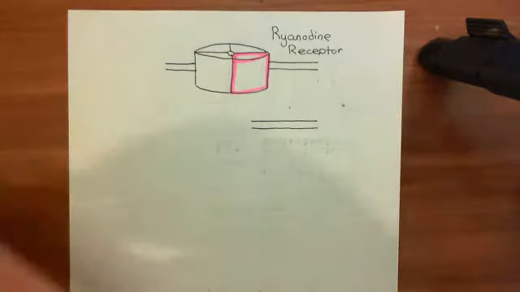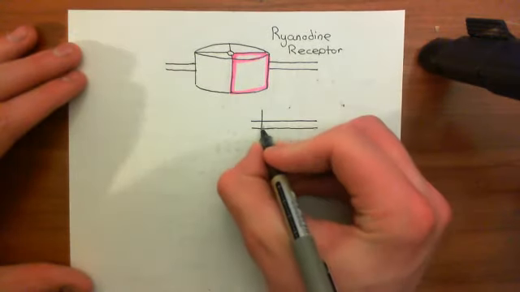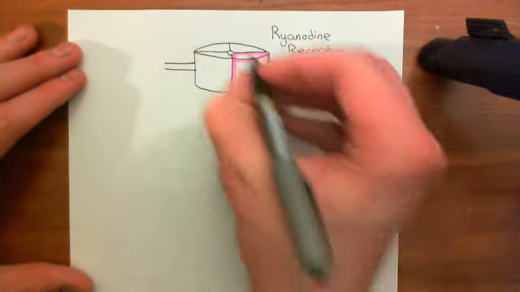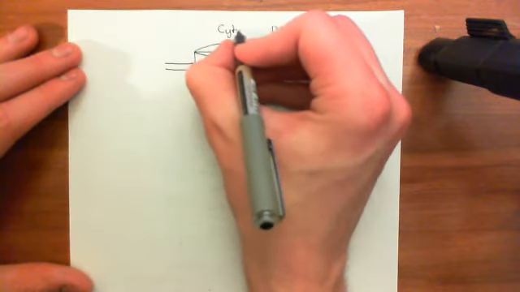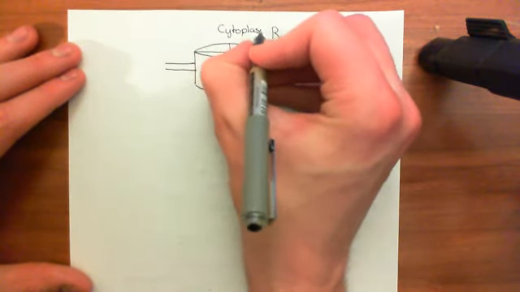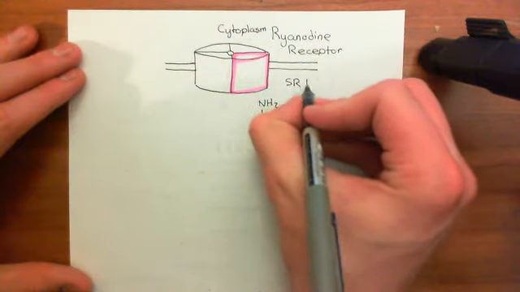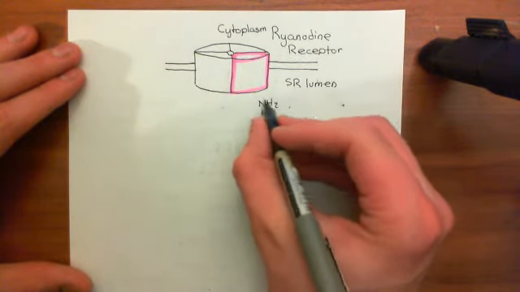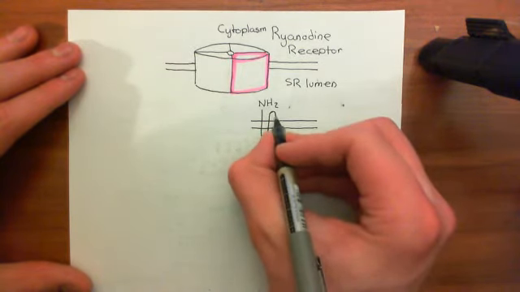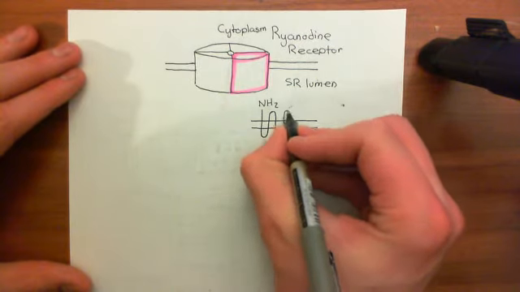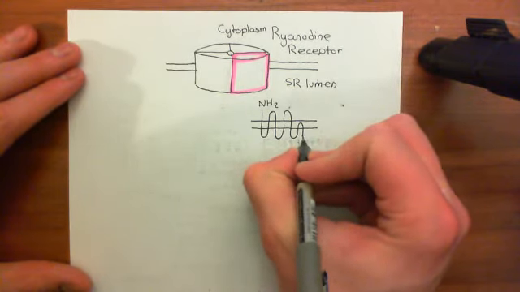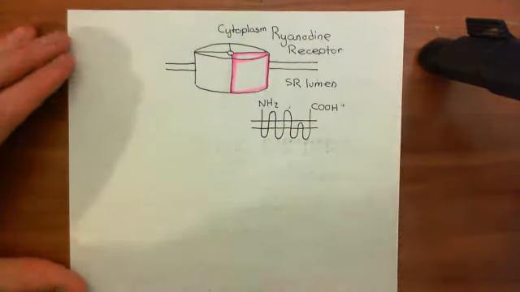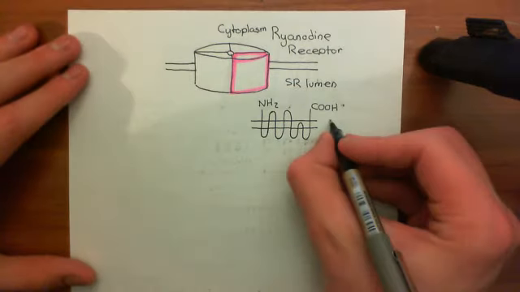You start with the amino terminal on the cytoplasmic side, and remember this is the SR membrane, so this side is the cytoplasm, and this side is the SR lumen. On the cytoplasmic side we have the amino terminal, then 2 membrane spanning alpha helices, a 3rd, a 4th, a 5th, a little P loop, and then the 6th. So this is the membrane spanning topology of the subunit of a ryanodine receptor, and they are massive proteins.